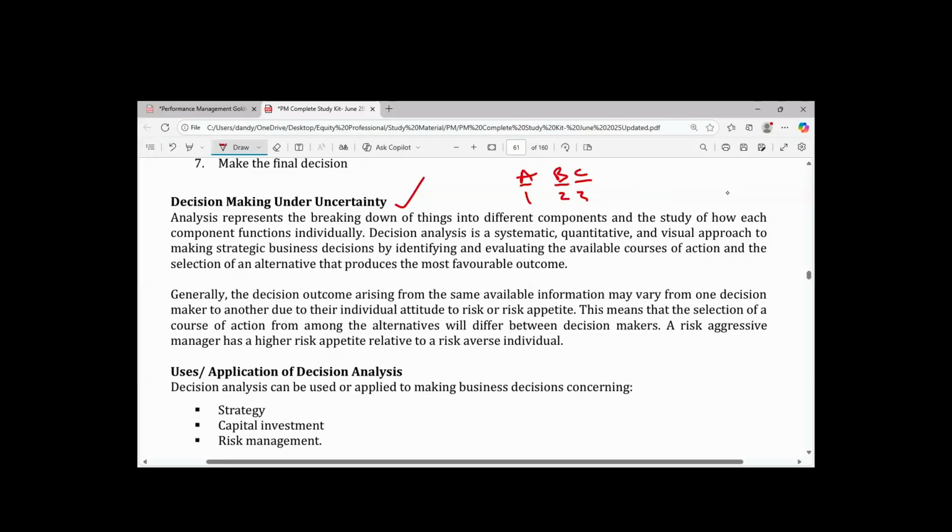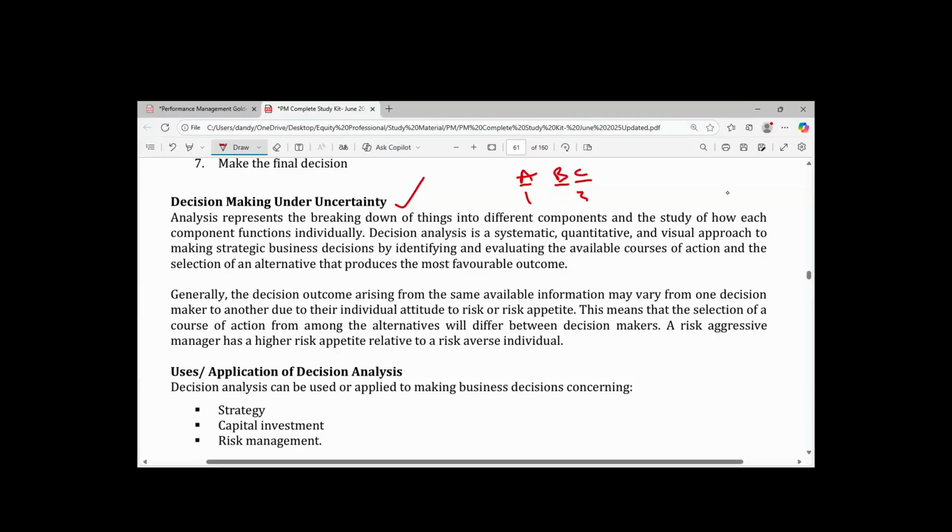A risk neutral does not seek or avoid risk, so he is willing to accept any outcome in any state of nature. So that is what I'm saying: the decision outcome arising from the same available information will vary among different decision makers because each individual has a differing risk appetite. All right, so that is for that.